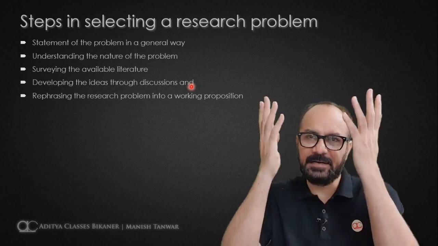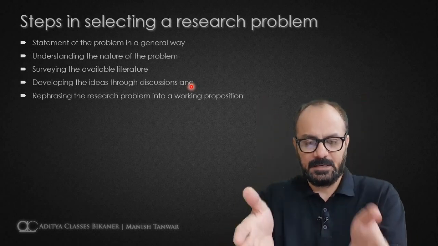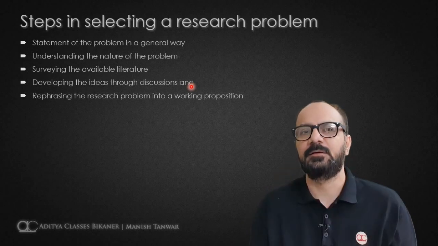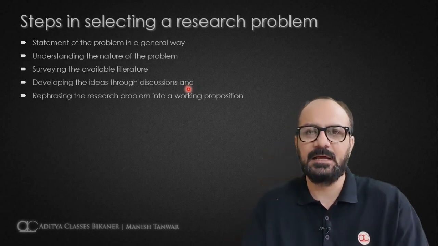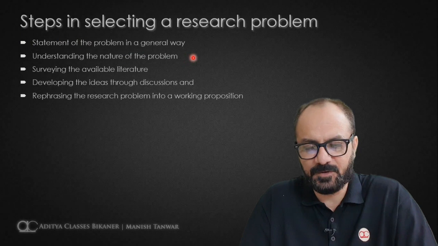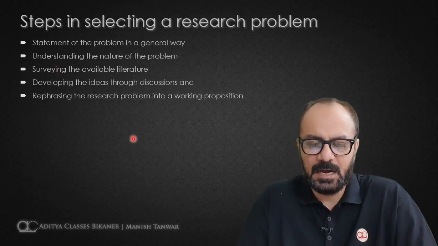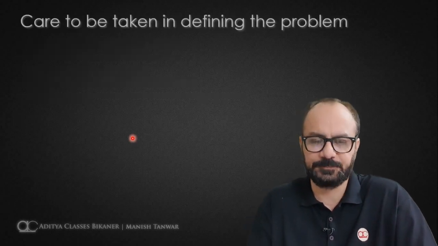That you started with a completely different problem. After an analysis, after thinking over it properly, after literature survey, I come to know that, okay, this problem is a little bit different. So steps in selecting a research problem are these: statement of problem in general way, understanding the nature of the problem, surveying the available literature, developing the ideas through discussions, and rephrasing the research problem into a working proposition.